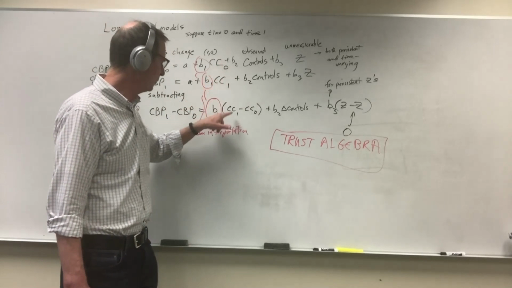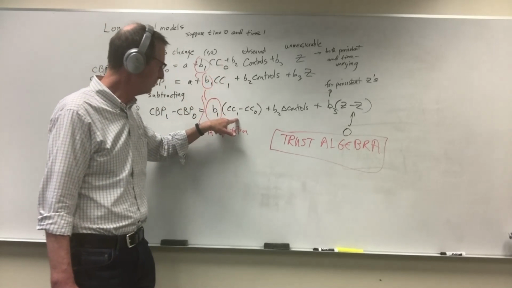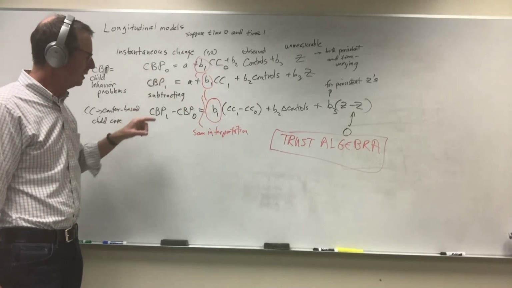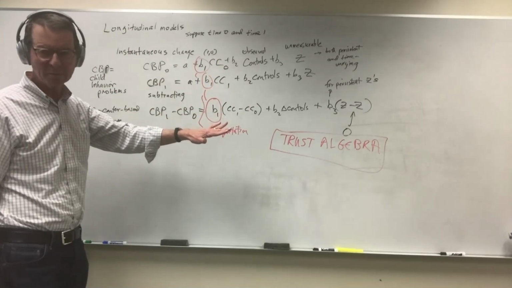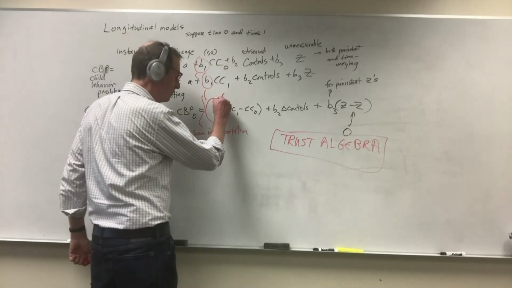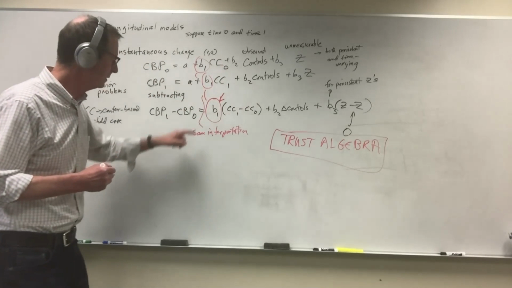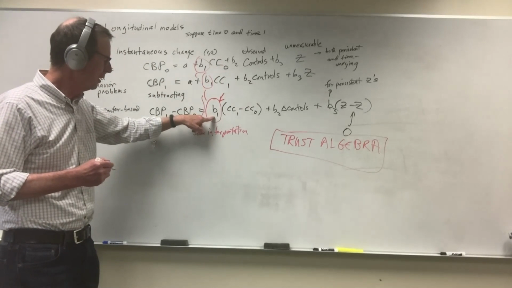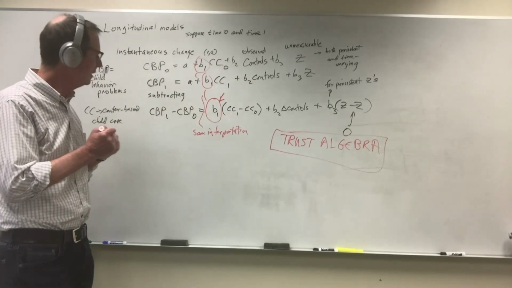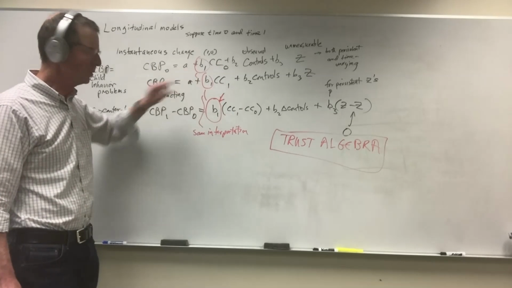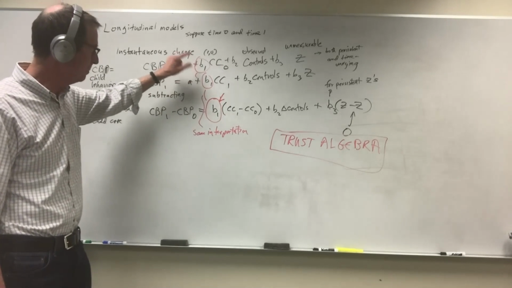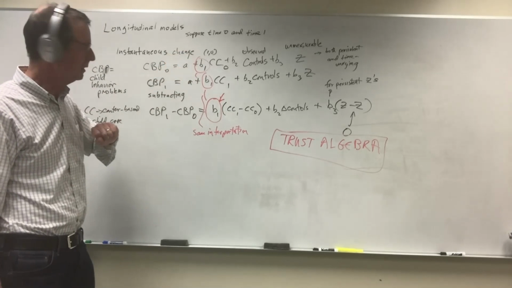These are 1, 0 variables. This is a -1, 0, and +1 variable. The dependent variable looks different. This is change. But if you trust algebra, which I recommend, you would get out of this a coefficient on this change in childcare status that has exactly the same interpretation as these two level equations do.